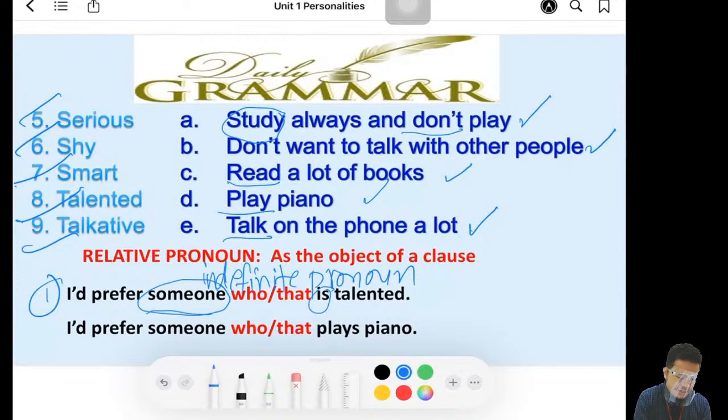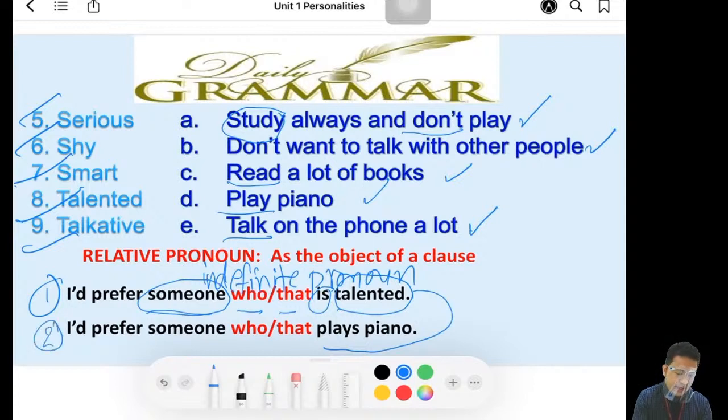That's why the sentence here, I prefer someone who or that is talented, is used. Now, notice that we also use the word talented in the first sentence, same structure a while ago. And in the second sentence, we use the meaning of talented, which is play piano or plays piano.